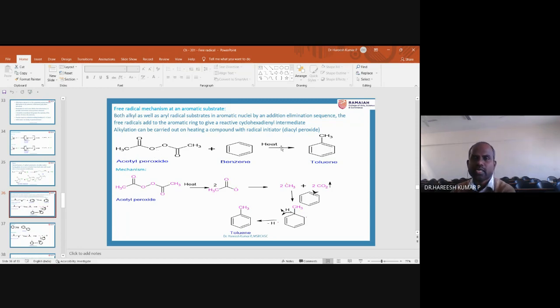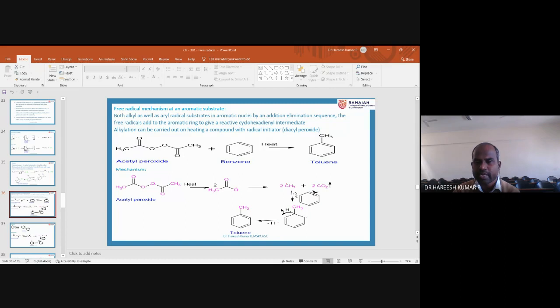So this one is the reaction, and if we are looking into the mechanism, acetyl peroxide initially undergoes homolytic cleavage between the two oxygens, giving rise to acetoxy radical. This acetoxy radical further undergoes homolytic cleavage, giving rise to neutral carbon dioxide. It's a gas, it will go out. In addition to that, a methyl radical is formed.